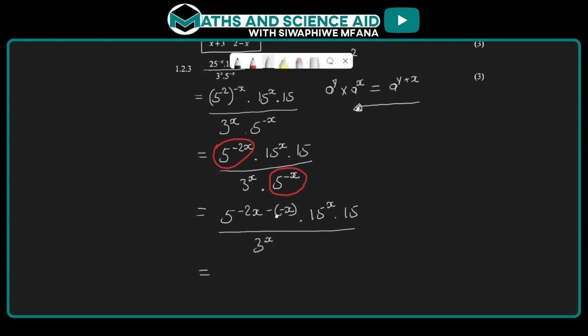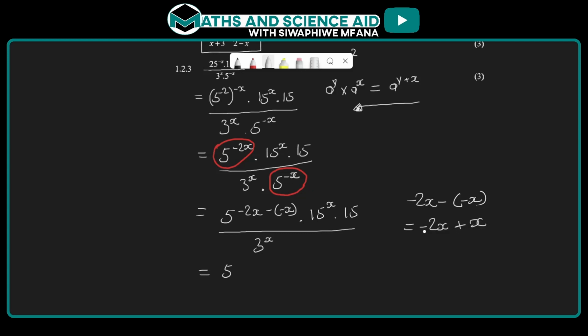And now, after this, what we need to do is simplify this exponent here of 5. And so here, what you need to recognize is that we have negative 2x minus negative x. And so negative multiplied by another negative is positive, and so we have positive x.